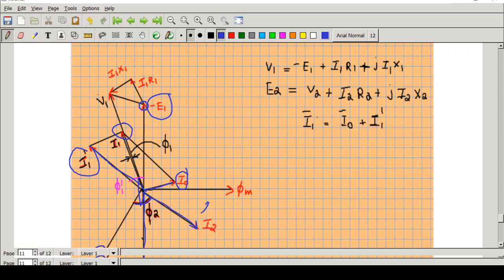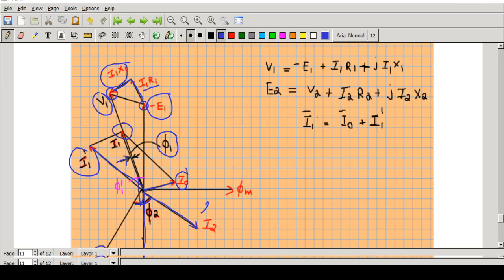First I will draw a line parallel to I1, take it as I1 R1. Then perpendicular to I1, I will take it as I1 X1. Then I will get a point here. I will join it with the origin, that will be V1. The angle between V1 and I1, which is very small here, will be the phase angle phi 1. So this is how I draw the vector diagram of an actual transformer.